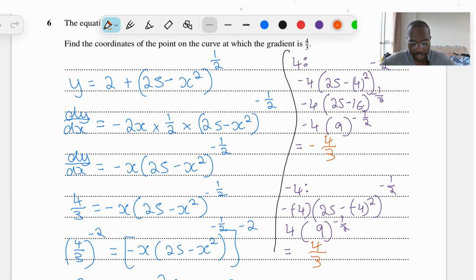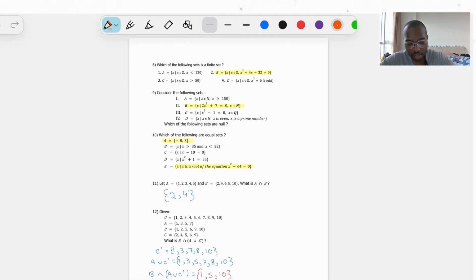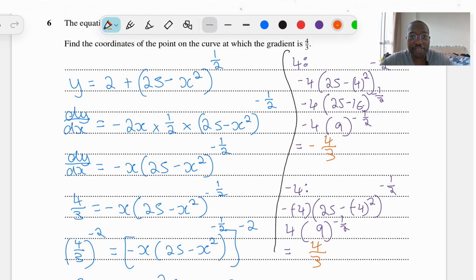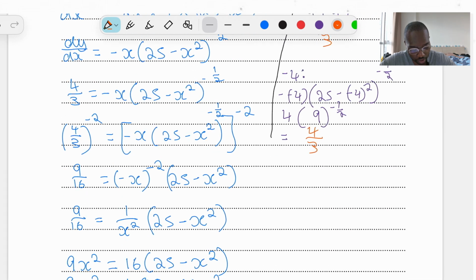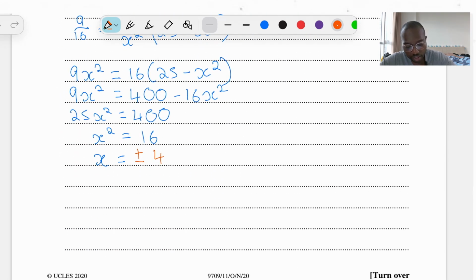So just by doing that, we've figured out that we have to use -4. So our only solution is when x is -4. Now we can disregard the positive, and we only deal with it when x is equal to -4.